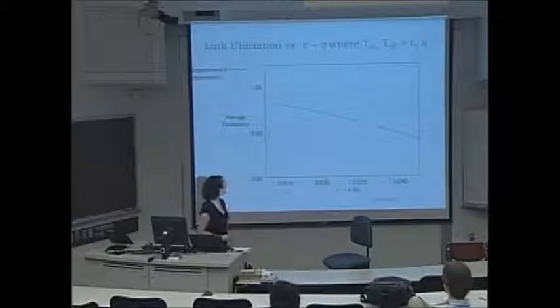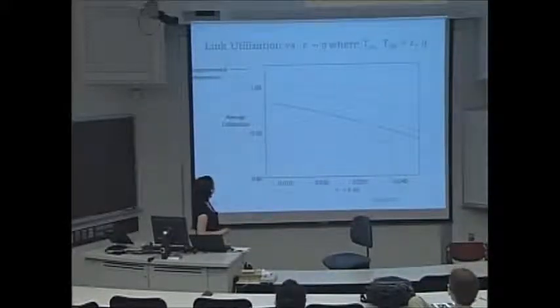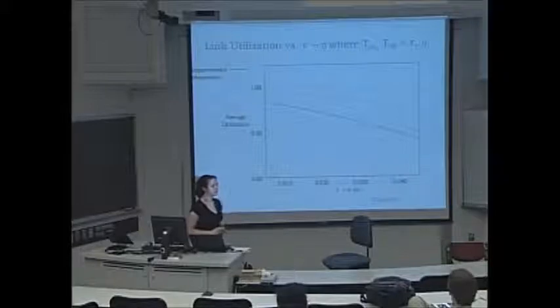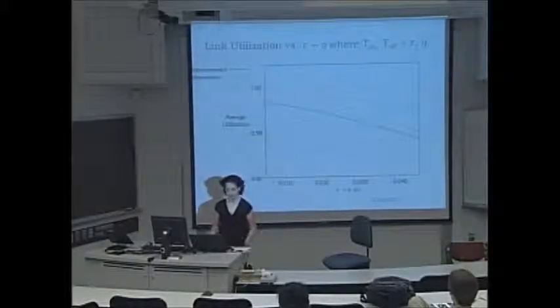I ran experiments where T-on and T-off are fixed and tau minus eta varies, and this is the theoretical curve and the experimental in NS2 curve, and it shows that we're on the right track. But there's still an offset between the theoretical curve and the experimental results, and this suggests that there are additional parameters at play which will need to be incorporated.